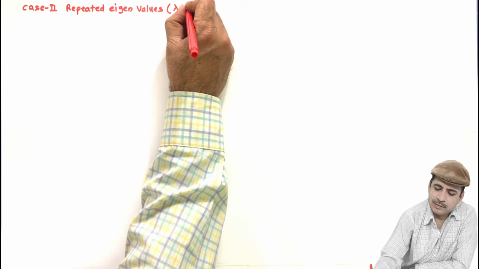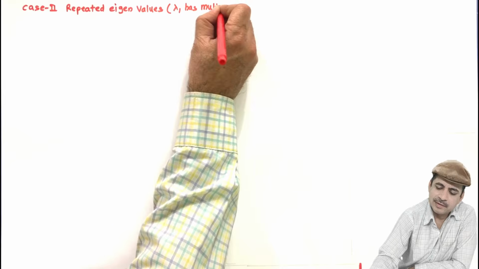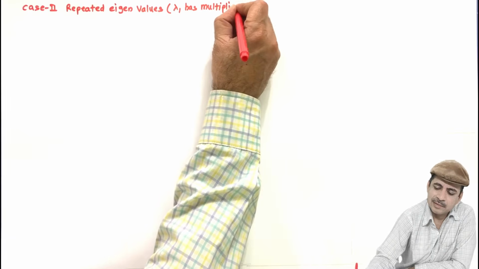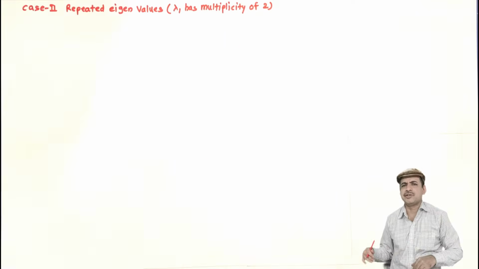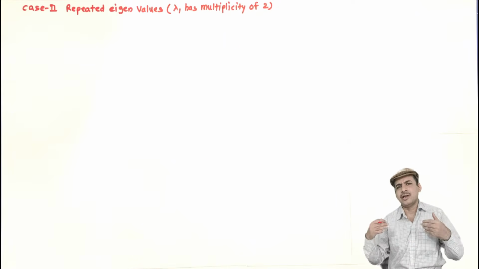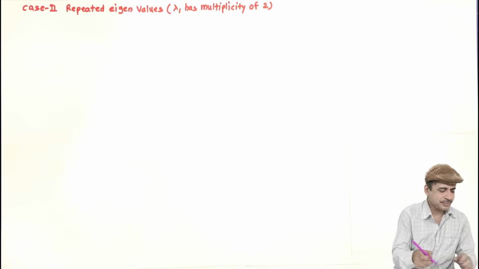Lambda 1 has multiplicity of 2, and the same can be extended for 3, 4 and all m. There is no issue.